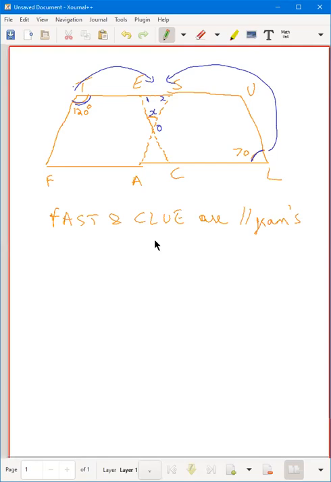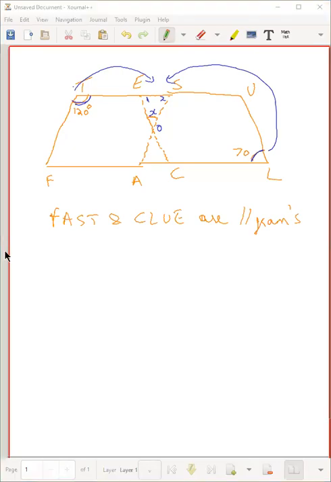That's a hint for you. Part only for one of the cases, not the other case.